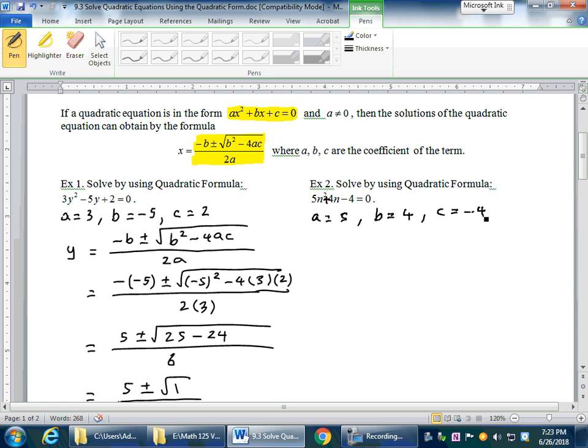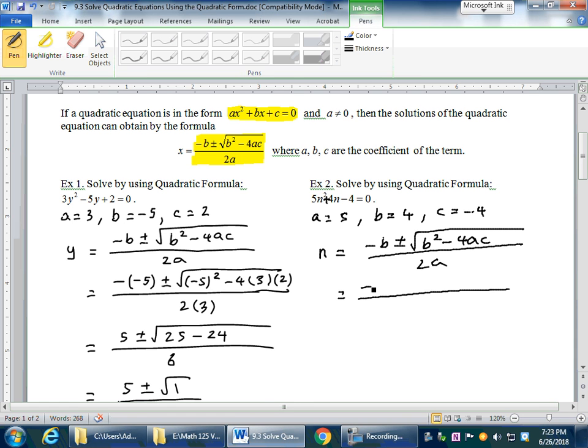So by the quadratic formula, x is equal to minus b plus or minus the square root of b squared minus 4ac, all over 2a. So which is negative 4 plus or minus the square root of 4 squared minus 4 times my a, which is 5, my c, which is negative 4, all over 2a.